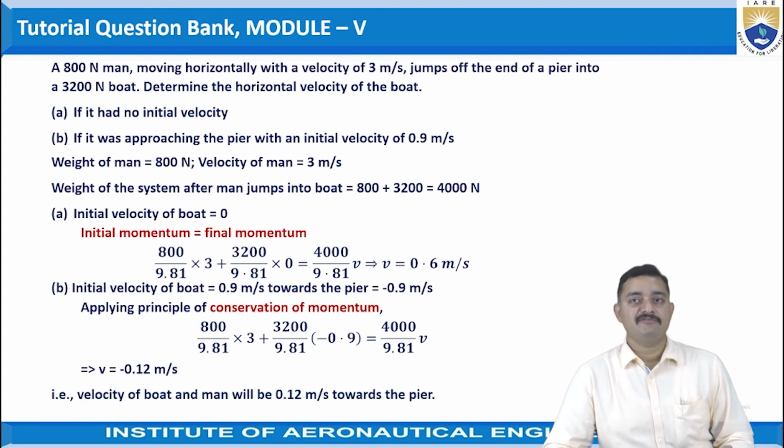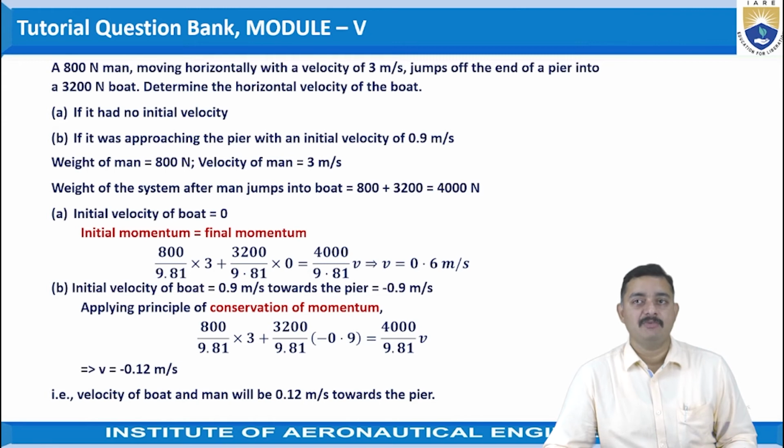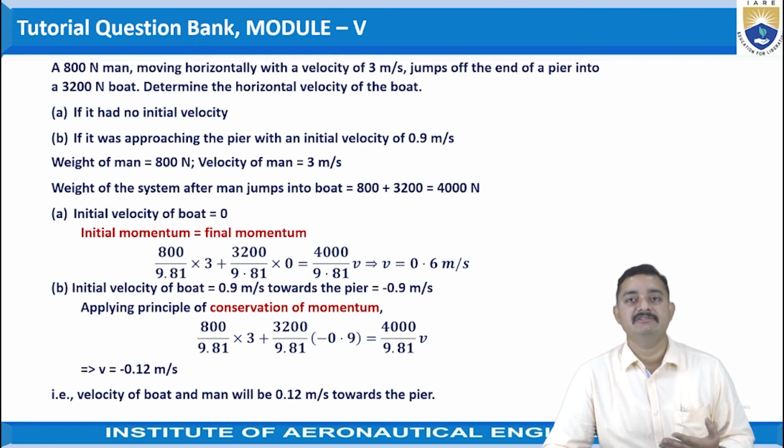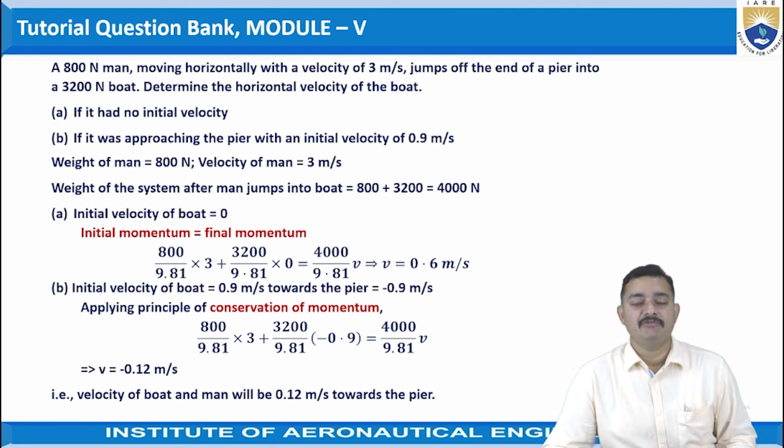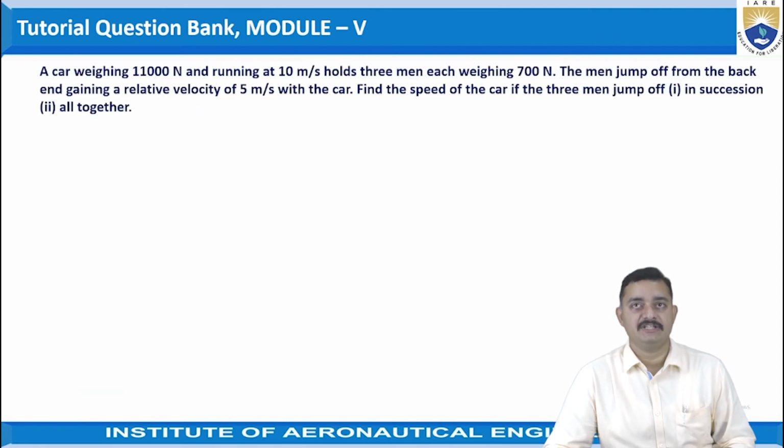So the velocity of boat and man will be 0.12 meters per second towards the pier. Why? Because we have obtained the velocity as negative. We have considered that the direction which is negative is the direction towards the pier. Hence, we are taking it as 0.12 meters per second towards the pier. Now, let us go to the next problem.